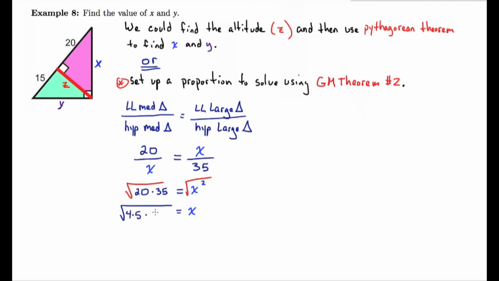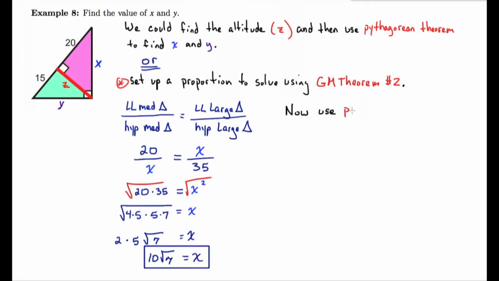So 20 factors into 4 and 5, and 35 factors into 5 and 7. So do you see the two 5s there? That means that we have a perfect square in there. And the 4 is also a perfect square. So I can take the square root of 4 and the square root of 25 out, and I get 10 root 7 for my answer for x.